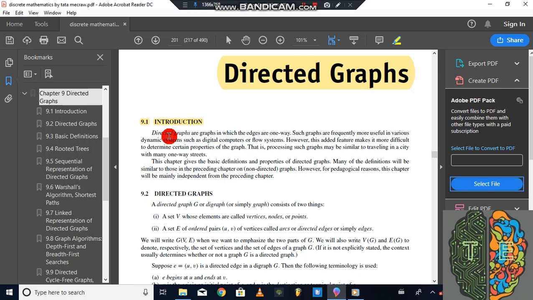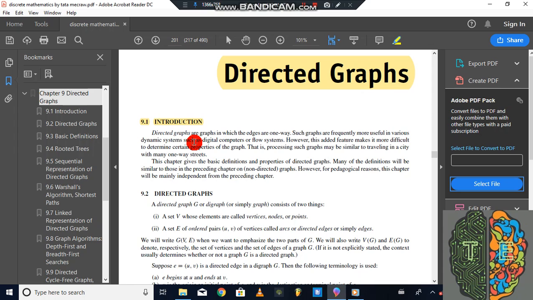Processing such graphs may be similar to traveling in a city with many one-way streets and by roads, by highways. So the graph describes all these things.